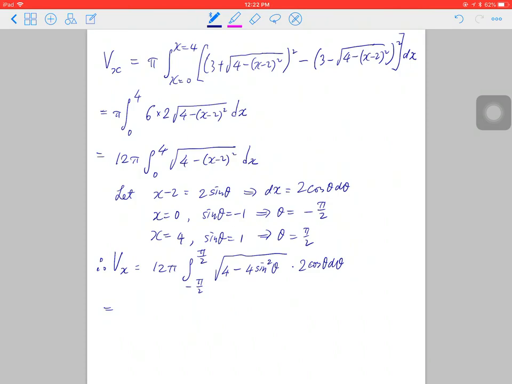So the square root, okay, easy to tackle. It can be 48 pi, and then integrate this. This is cosine squared theta d theta. And so the usual practice, we make cosine squared theta become the double angle of cosine. So we have this one.